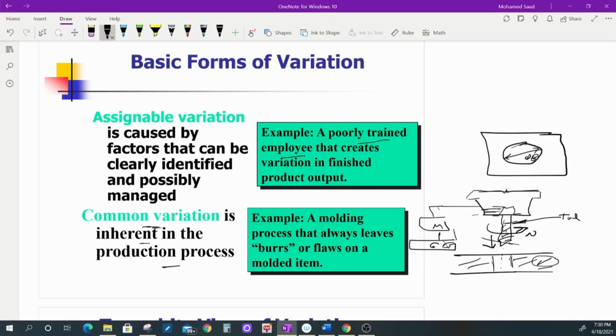The whole system may be inside a workshop where the temperature varies between, let's say, 75 degrees Fahrenheit and 85. If the temperature is varying like this, it will affect all these metal parts, so there is a variation.